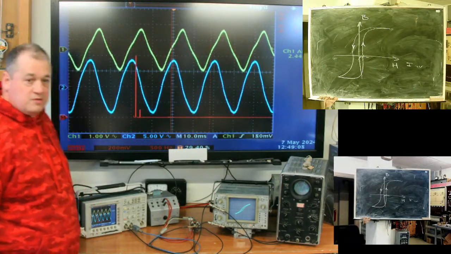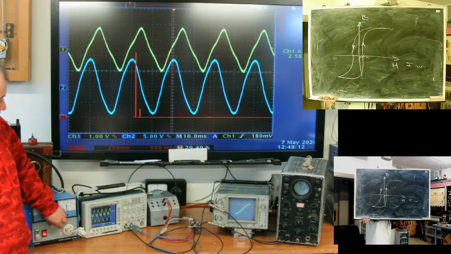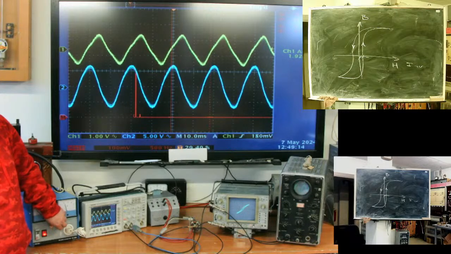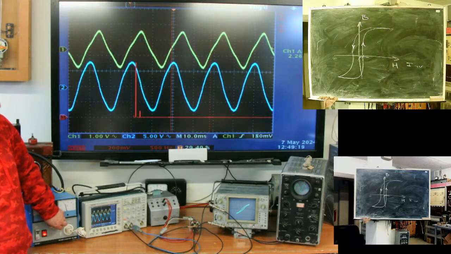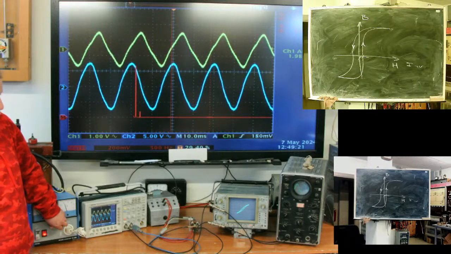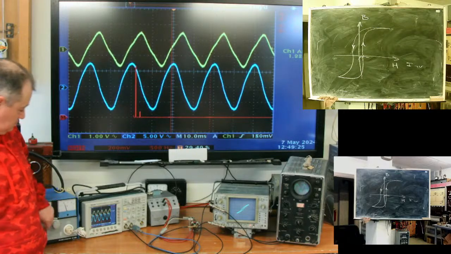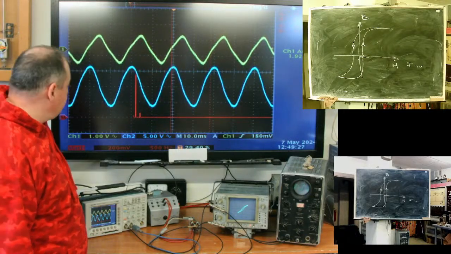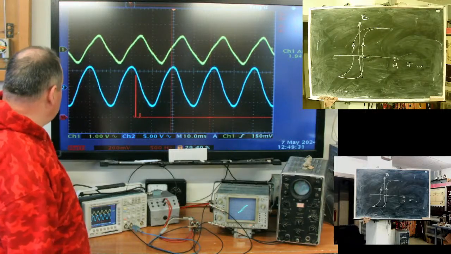That's how it works for my transformer. It's a magnetizing loop of good quality transformer steel. Here, what do I get?